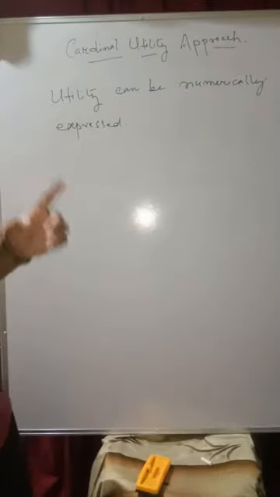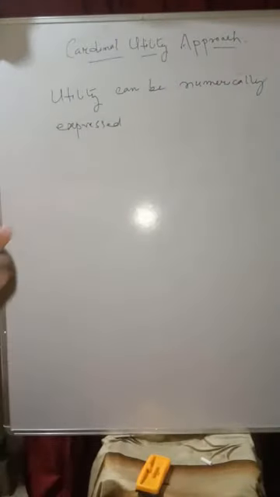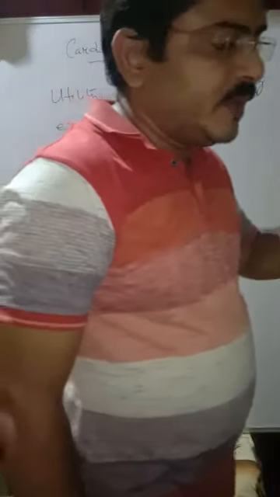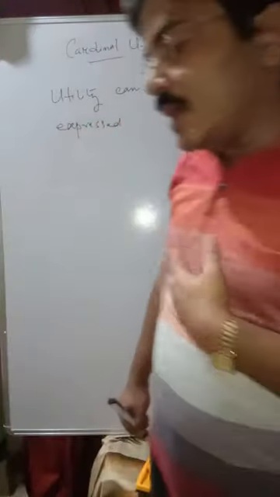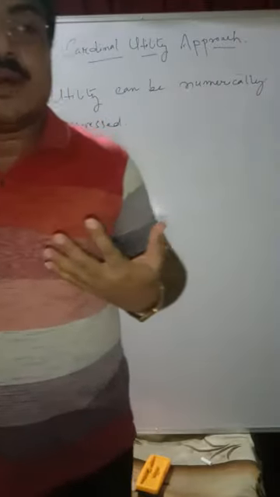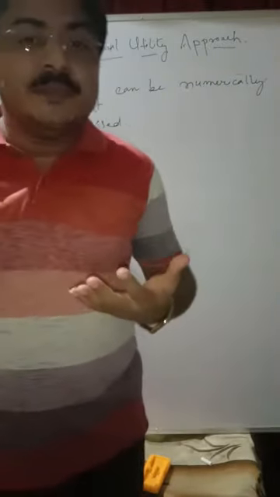Suppose you are consuming an apple. After the consumption, if someone asks you what is your level of satisfaction from consuming the first unit of apple, then what will be your answer? If you say my level of satisfaction is 10, or if you say it is 20, that means you are following the cardinal utility approach.